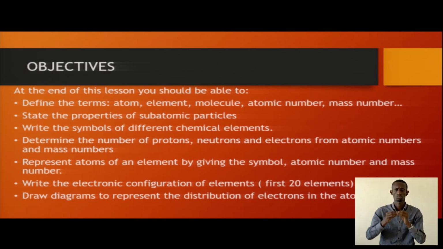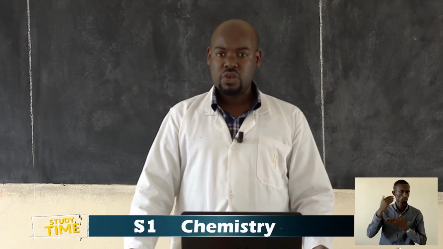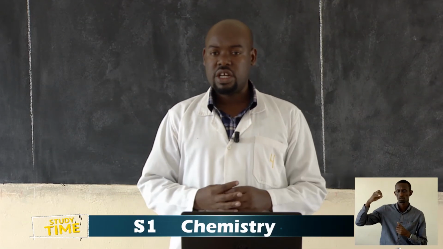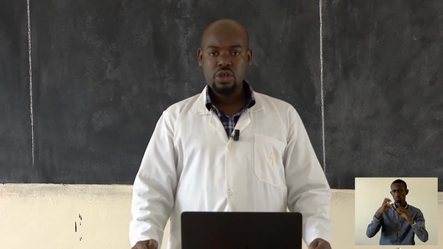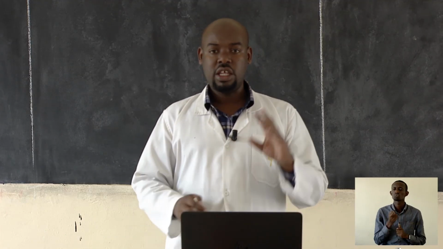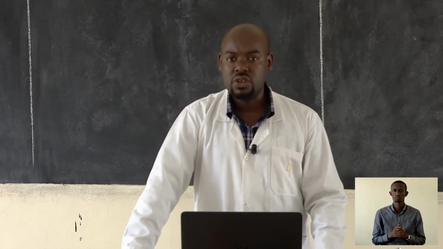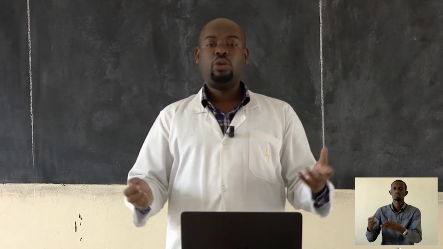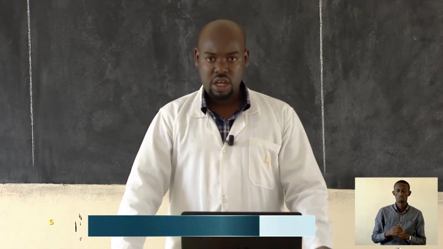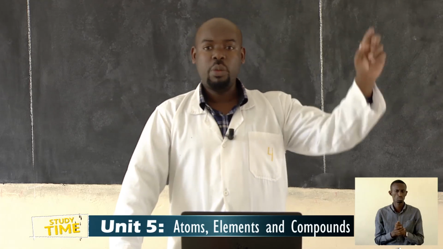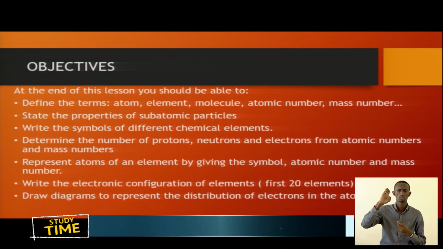And if you remember well, we also studied the electronic configuration, and we did that in two forms. So you should also be able, at the end of this lesson, to represent the distribution of electrons in the atom using a diagram or simply using the numbers showing how many electrons we have in each of the energy levels occupied.